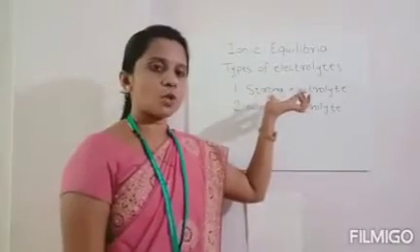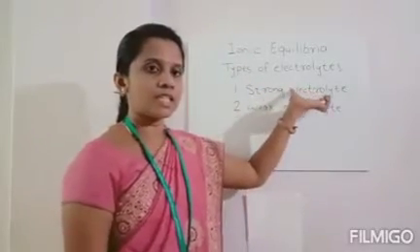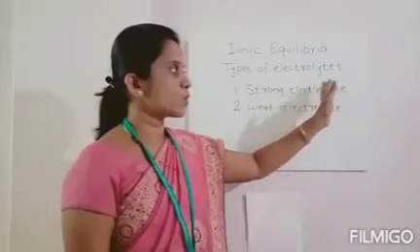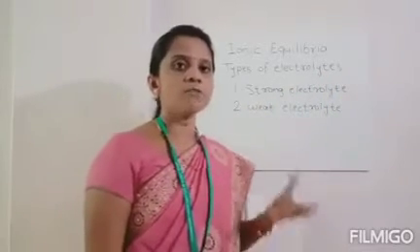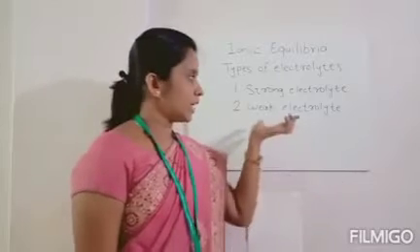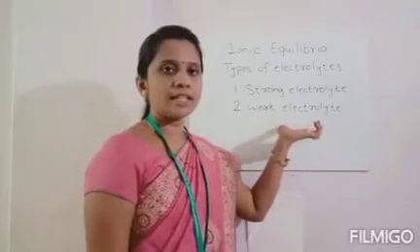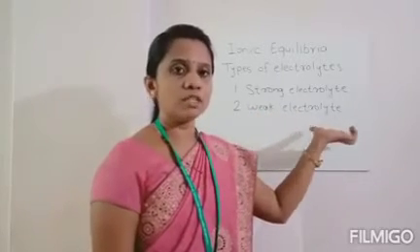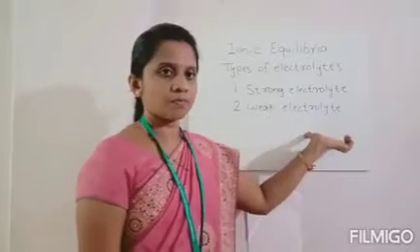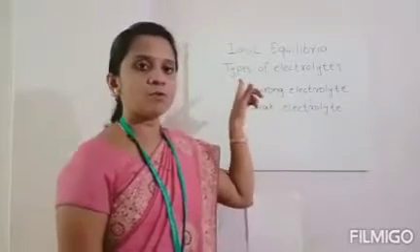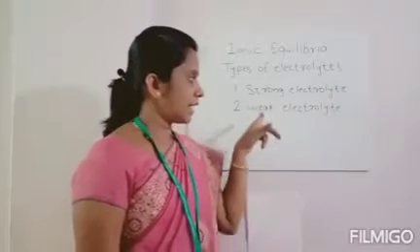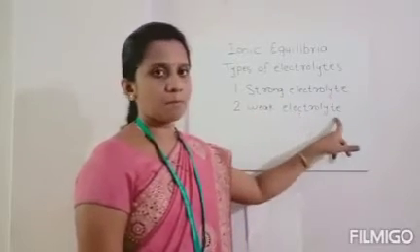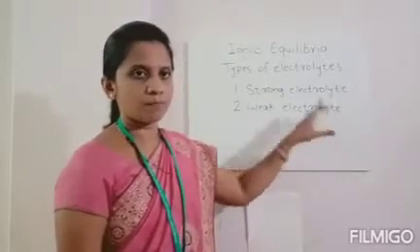In case of strong electrolyte, these electrolytes dissociate completely in their aqueous solution to give ions. And in case of weak electrolyte, there is partial dissociation. What I said, for strong electrolyte, complete dissociation, and for weak electrolyte, partial dissociation.